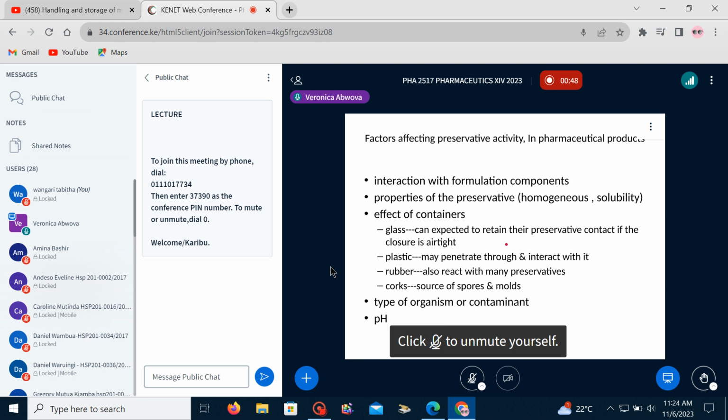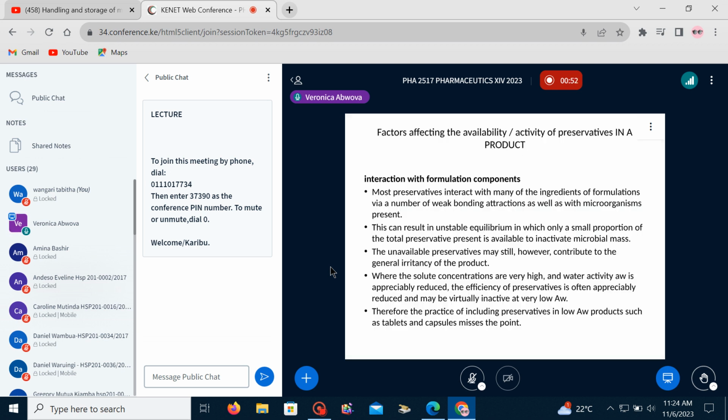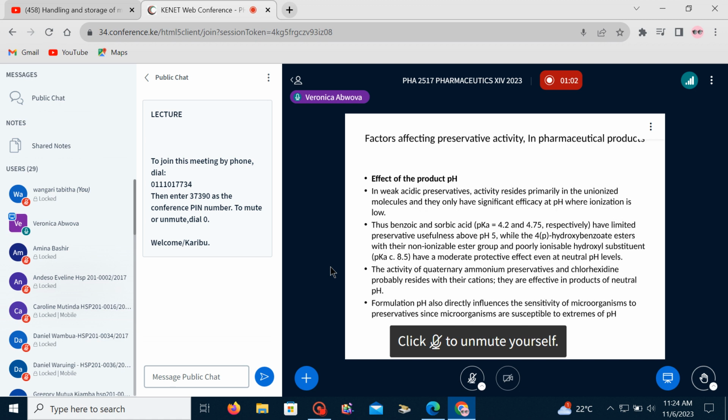So if you look back, think of interaction with formulation components. We talked about a preservative being able to interact with the components in the product. Remember we said your preservative is not active unless it is free. So if it is interacting with formulation components, it means that the preservative effectiveness will go down.